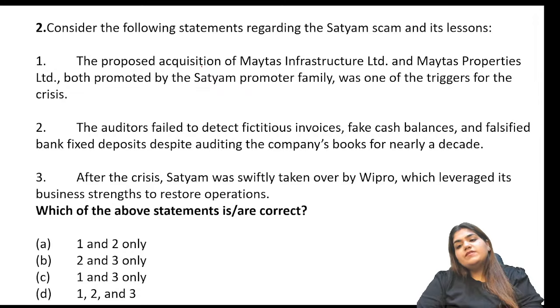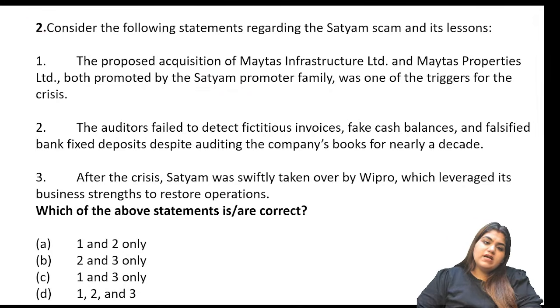Consider the following statements regarding the Satyam scam and its lessons. The attempted acquisition of Maytas Infrastructure and Maytas Properties triggered a strong negative market reaction, leading to further scrutiny. Statement number 1 is correct.